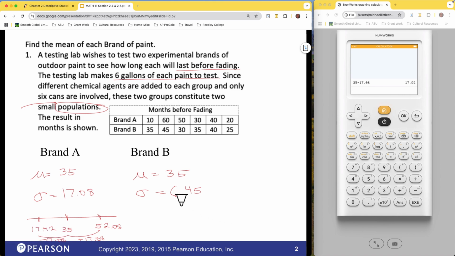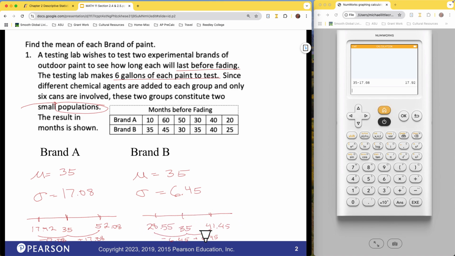Brand B, on the other hand, also has an average of 35 months before fading, but the average spread is an additional 6.45. So that's going to give you 41.45, or subtract off 6.45, and that gives us 28.55.